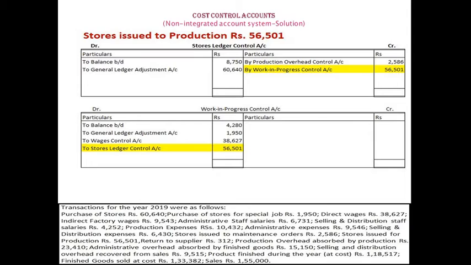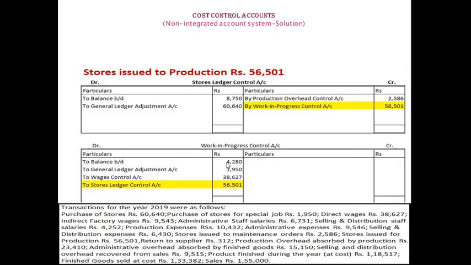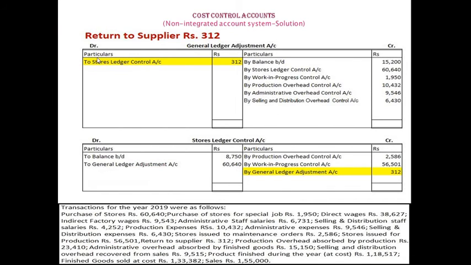In the stores ledger control account, work in progress control account 56,501, and in the work in progress control account to stores ledger control account 56,501. Return to supplier rupees 312. In the general ledger adjustment account to stores ledger control account 312, and stores ledger control account by general ledger adjustment account 312.